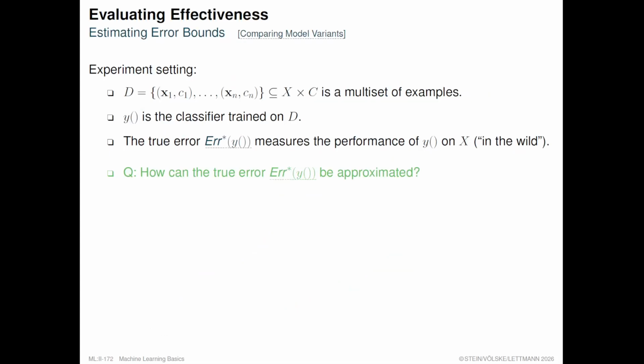So back to the question that I introduced in the beginning, the question of what the true error really is in a real scenario, because we cannot compute it, unfortunately. We will never really know what the true error on our probability distribution is, simply because we cannot know what the probability distribution is.